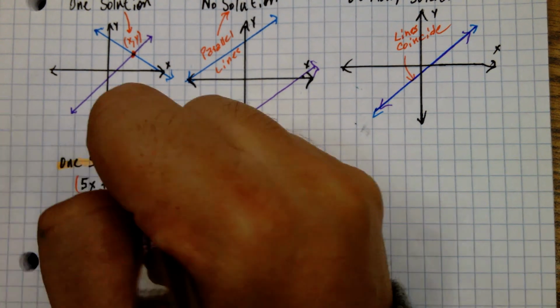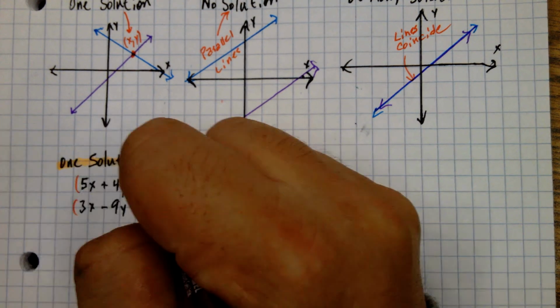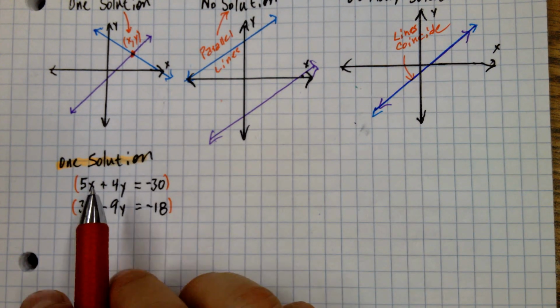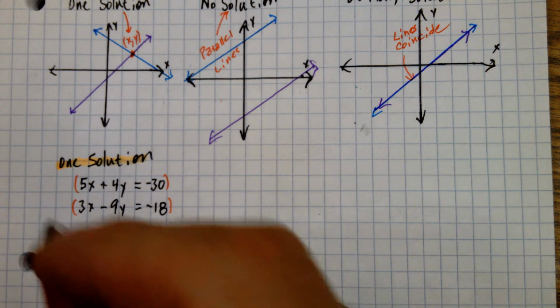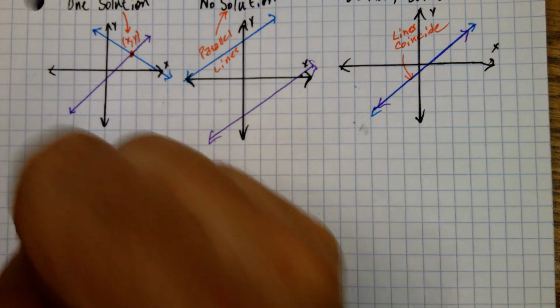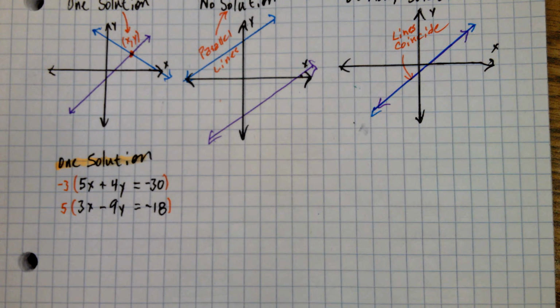So you just do what you normally do to get rid of one of the variables. Let's make the top one negative. Let's make the bottom one just 5. That way we'll have negative 15 and positive 15.